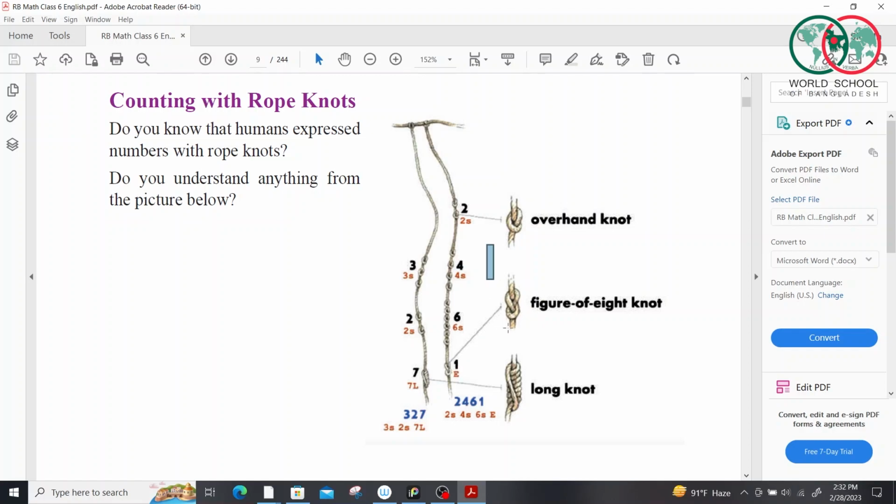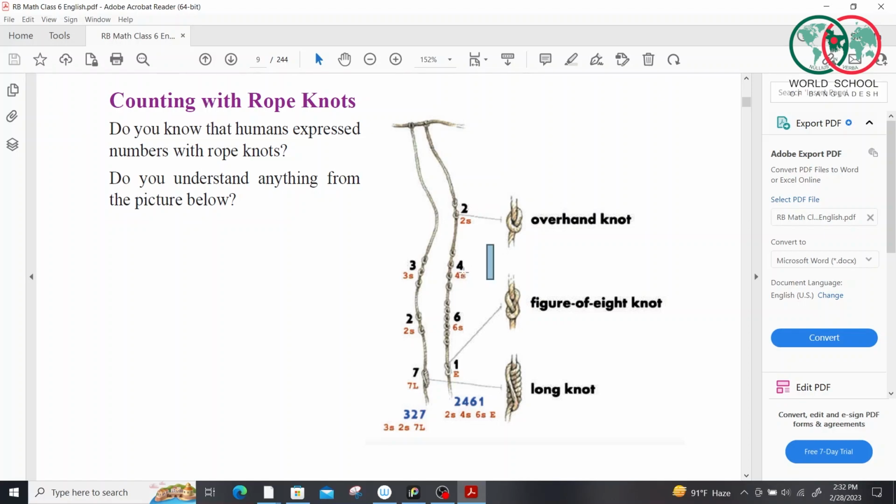Here we can see the zoomed version, the figure of 8 knot. This kind of knot represents 1, and if there are 2 knots then it's 2, if it is 4 knots it's 4.